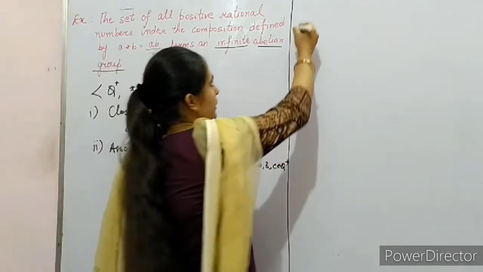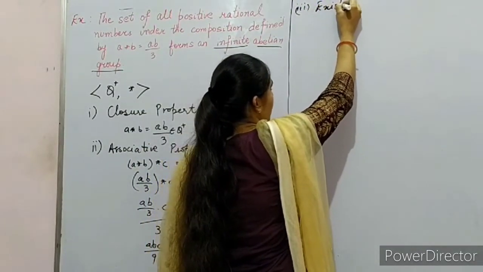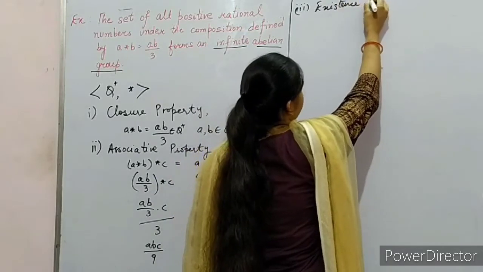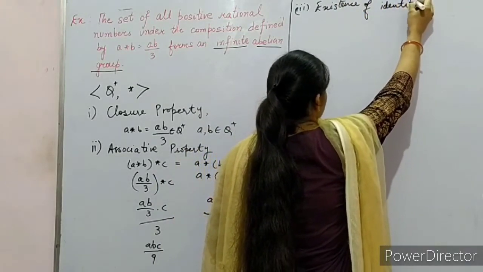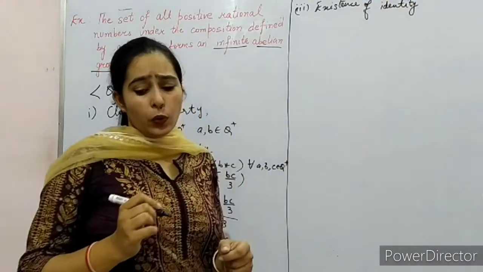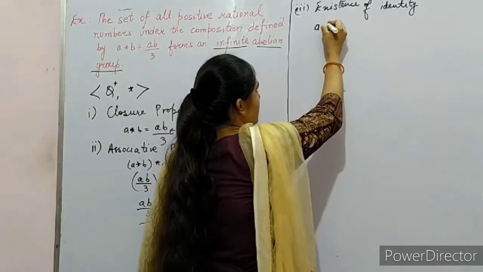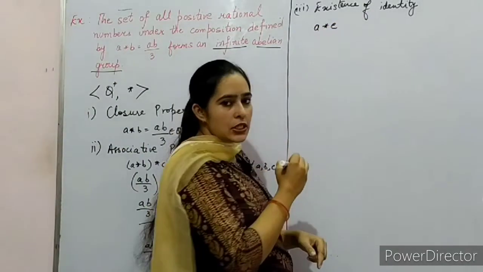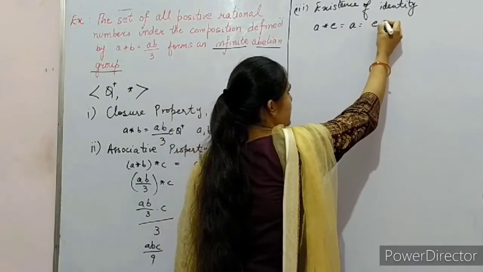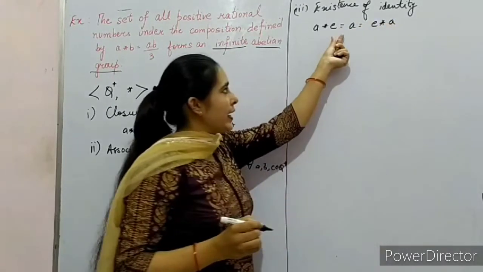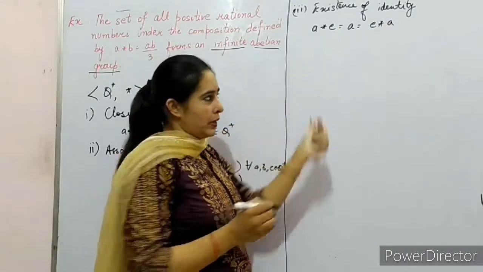Now let's check the third property, existence of identity. Now we have to find an element E such that A star E is equal to A is equal to E star A. We have to find such an E and it should belong to Q plus.